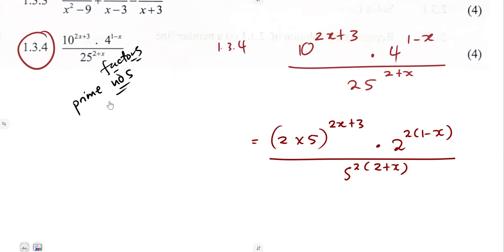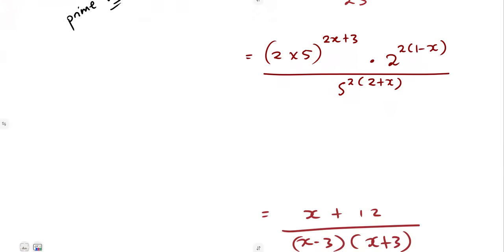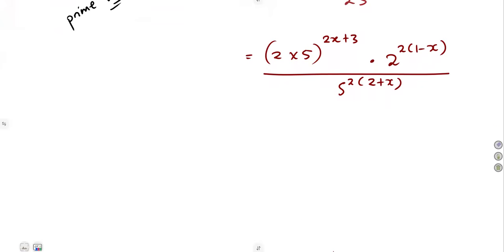Prime numbers. All right. Using our laws of exponents, we can see that on the first part we have 2 numbers being multiplied and raised to a certain exponent. So it follows that if A and B are raised to the exponent of n, each term will be raised to that exponent n: A to the exponent of n times B to the exponent of n, for every term inside the bracket.